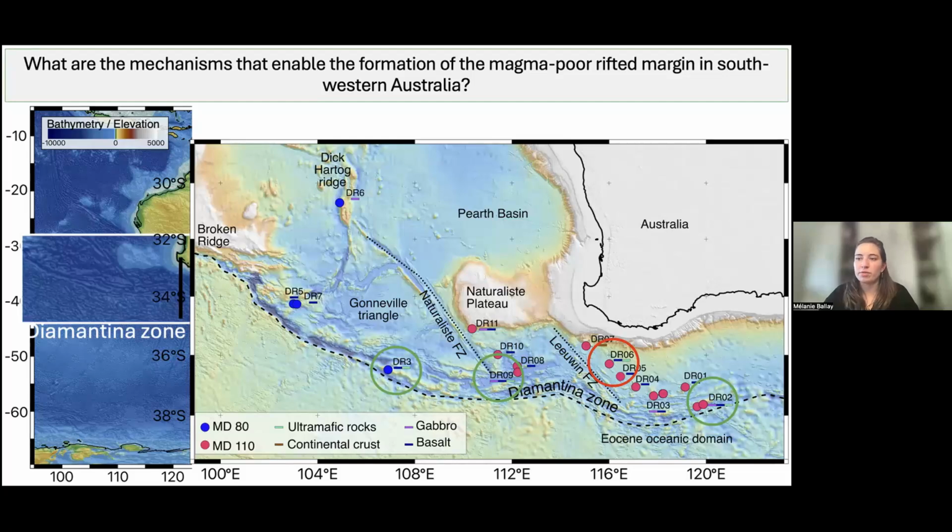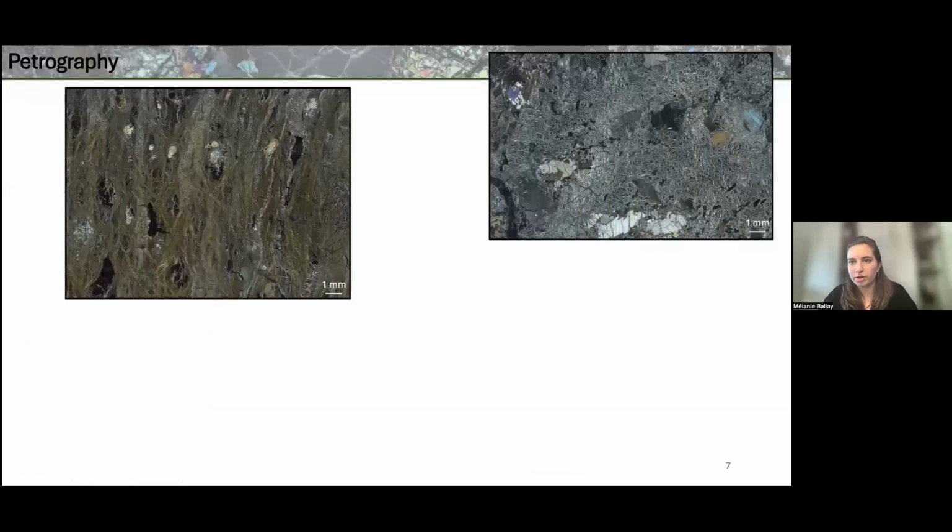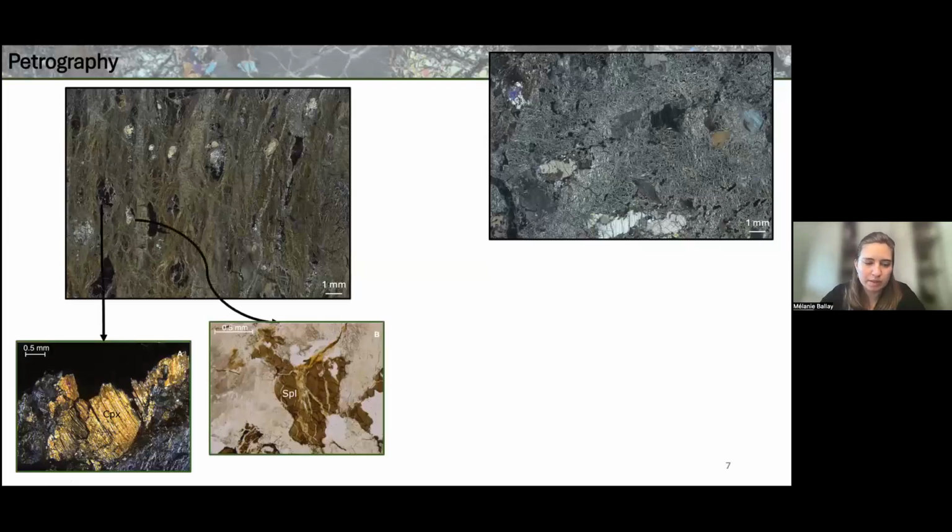In these four dredge points you have peridotites, but not just one type; you have two petrographically different types. On the left, peridotites with clinopyroxenes and spinels, so spinel lherzolites.